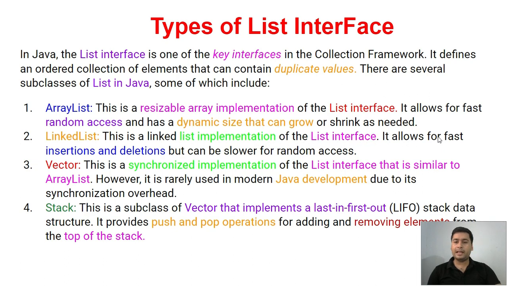It allows fast insertion and deletion, but can be slower for random access. Slower means it does not give better performance while accessing some data. So this is the issue with a linked list. And this is the advantage also: insertion will be very fast and deletion will be very fast.